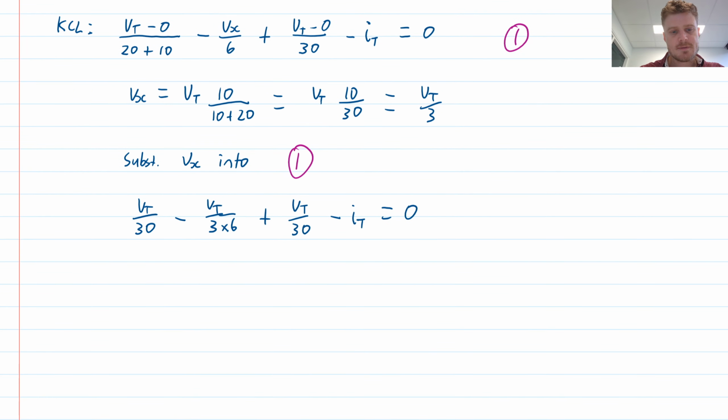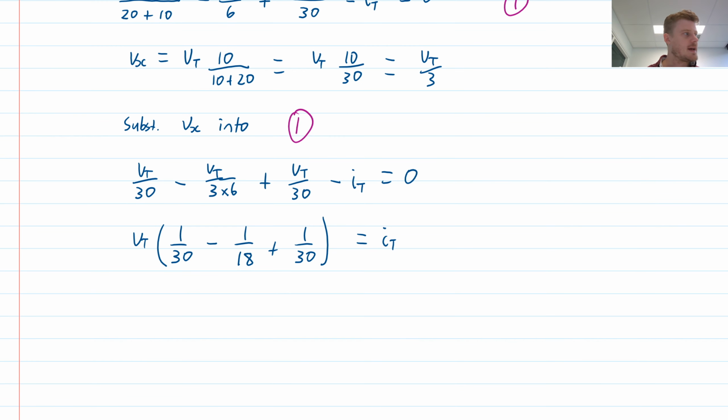Let's simplify this one a little bit more. So I will have for my Vts, I can collect like terms on this. So this is Vt times 1 over 30 minus 1 over 18 plus 1 over 30 is equal to It.